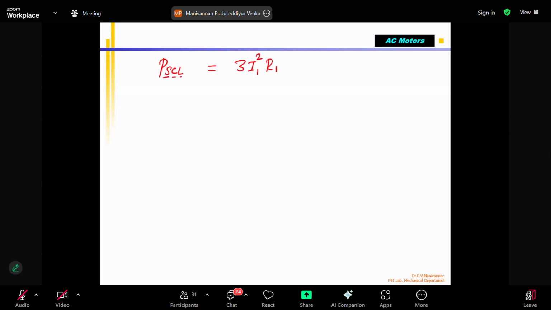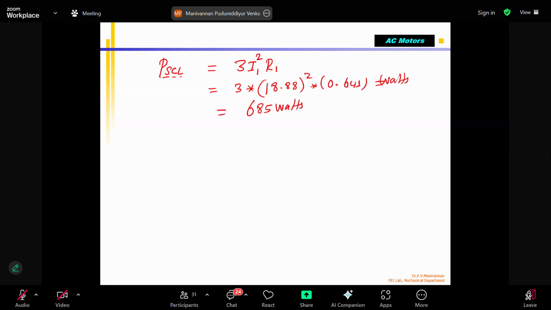We are talking about copper loss, which means power dissipated as heat. Already we know 3 is a constant, I is 18.88 whole squared, and R1 is given as 0.641. So if you compute, it is going to be 685 watts.